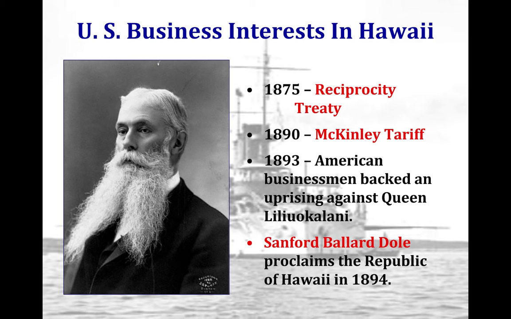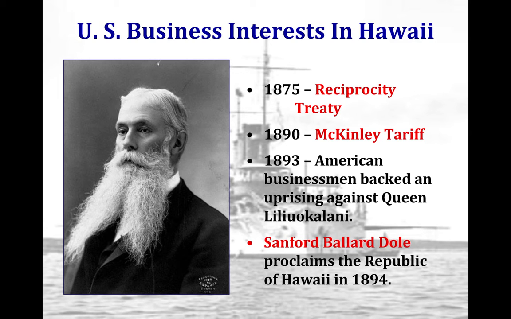And there are a lot of American sugar planters in Hawaii at this point. So their product is now treated as foreign, and there's going to be less appeal towards buying it because it's so much more expensive.